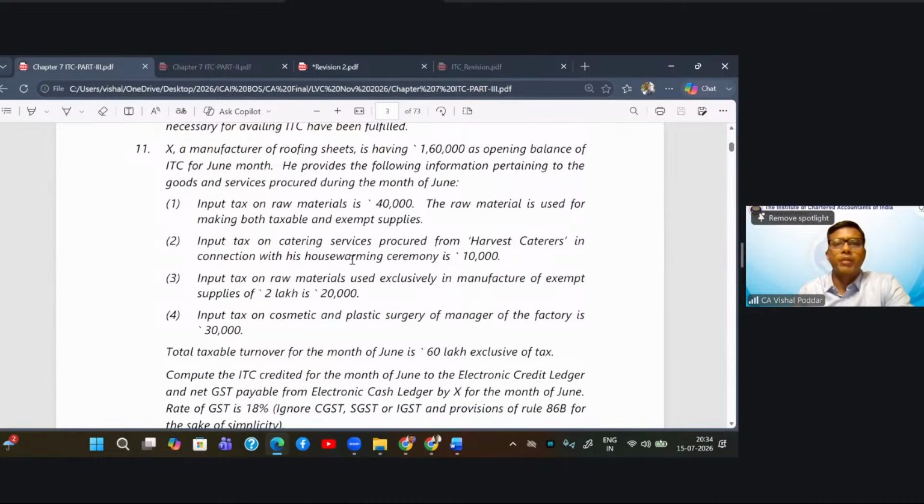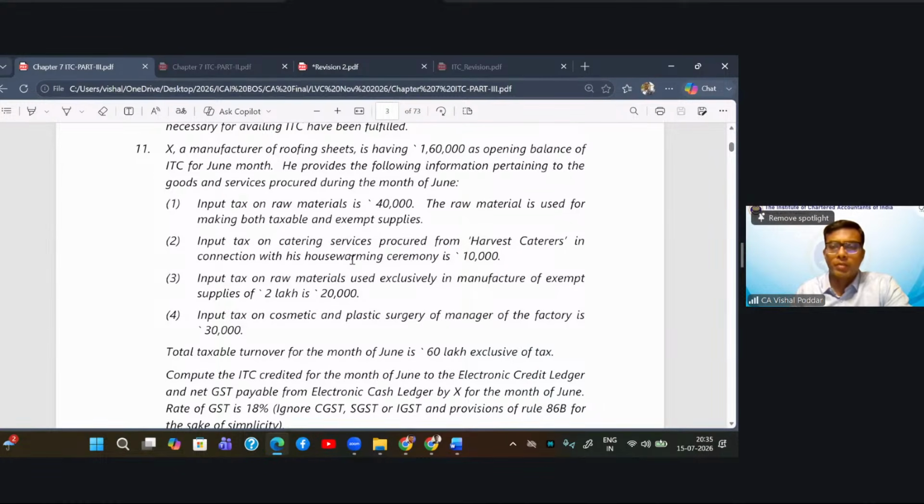Next, a manufacturer of roofing sheets is having rupees 160 as opening balance of ITC. He provides following information pertaining to goods and services procured during the month. Input of raw material 40,000. It is used for making both taxable and exempt. Input of catering service procured from a caterer in connection with his housewarming, not eligible. Input tax on raw materials used exclusively in manufacture of exempt goods, not eligible.